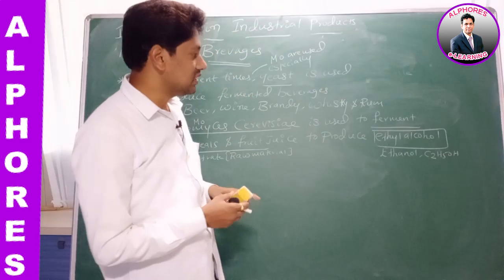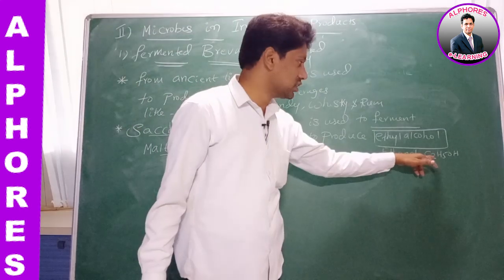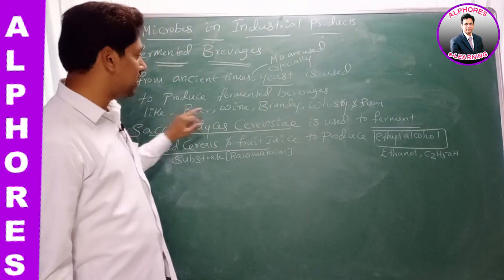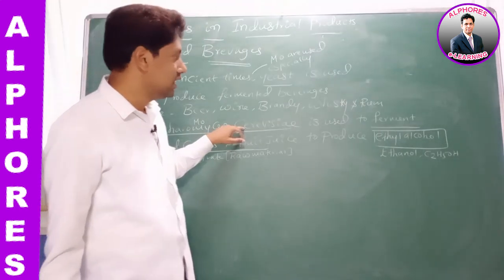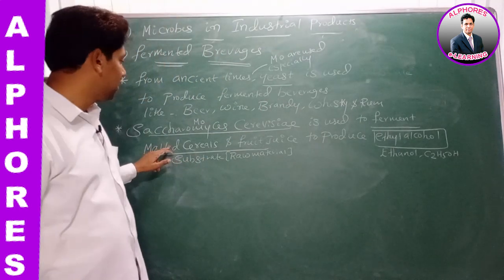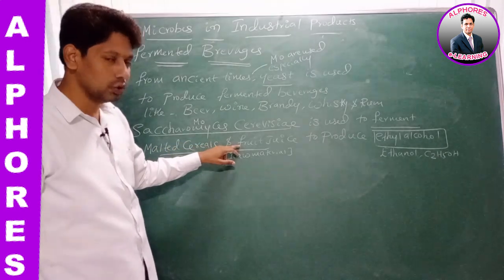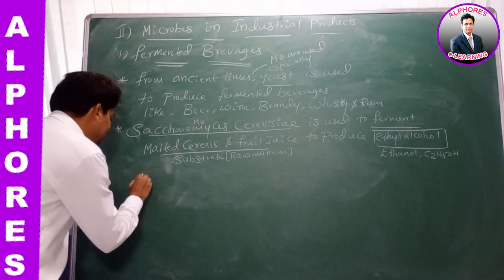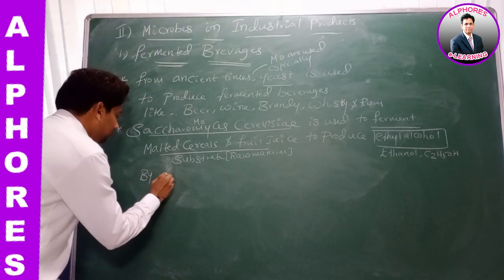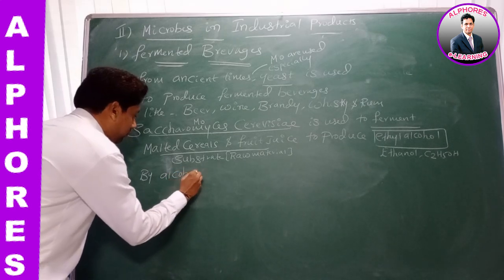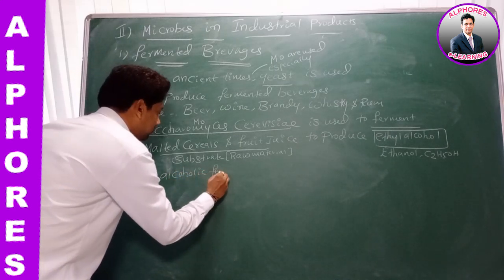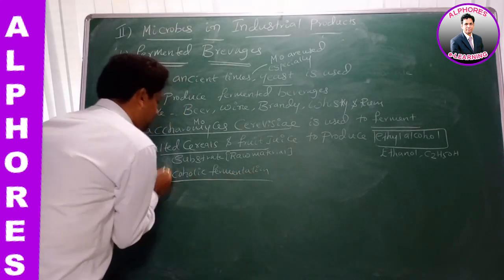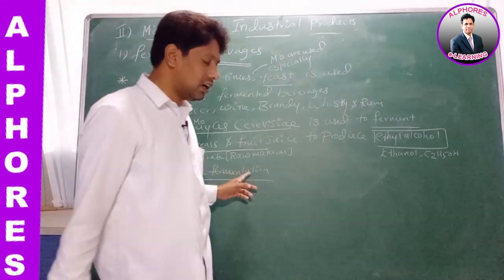What is the formula of ethyl alcohol? C2H5OH. Therefore, Saccharomyces cerevisiae is used to ferment malted cereals and fruit juice to produce ethyl alcohol by which fermentation? Alcoholic fermentation.